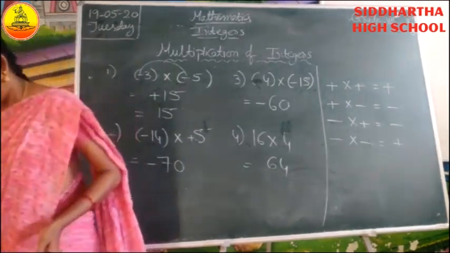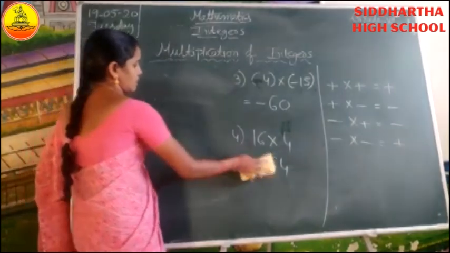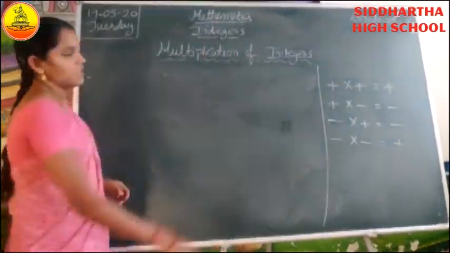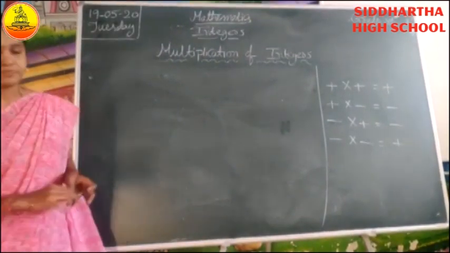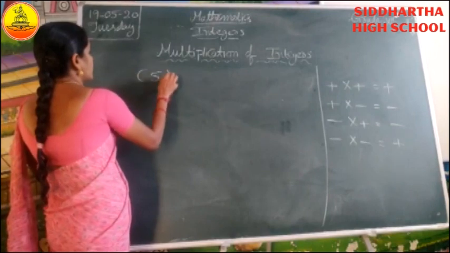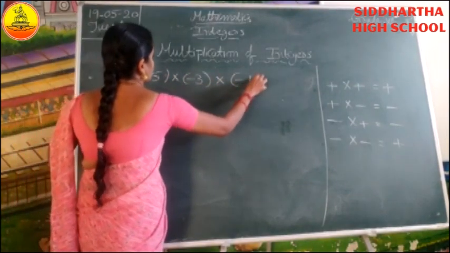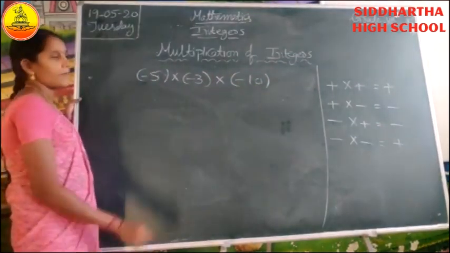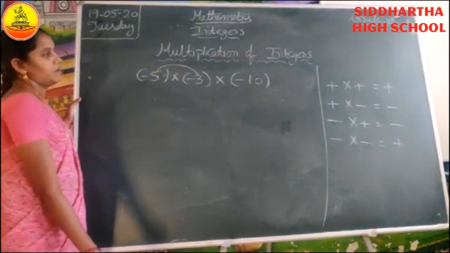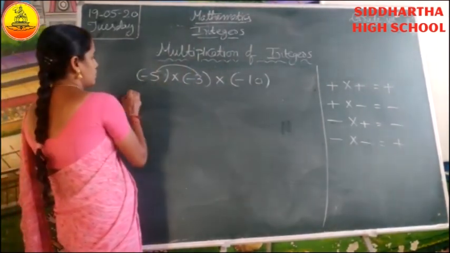Next. So far we multiplied only two integers. Now we are going to multiply three or more. Next: minus 5 into minus 3 into minus 10. See here. First you multiply the numbers. 5 into 3, how much? 15.